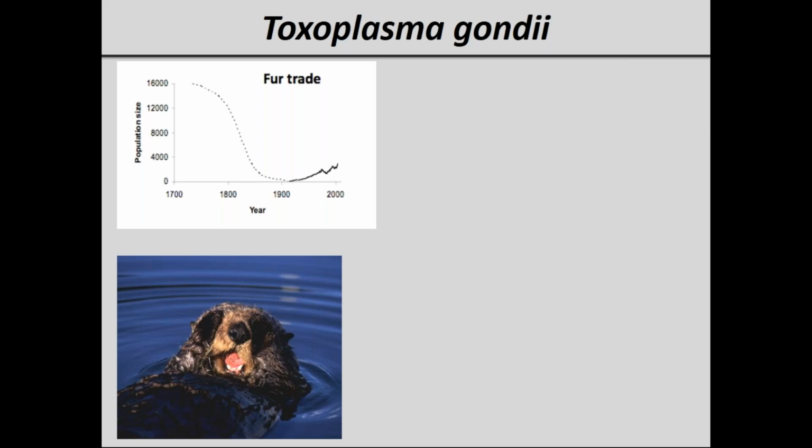Sea otters were hunted pretty heavily for fur, and their population was nearly wiped out until around this point here on the graph, early 1900s, when they were listed as a protected species, a threatened species, at which point their population began to recover.